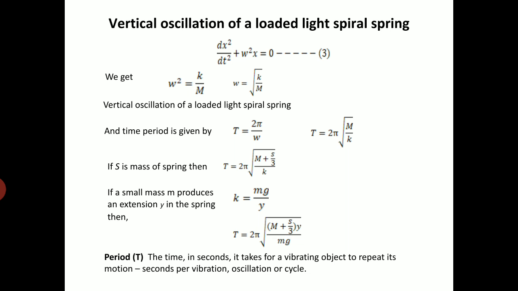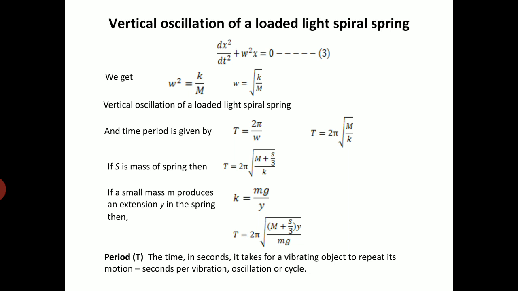If a small mass m produces an extension y in the spring, then the spring constant k equals mg by y. Substituting the value of k, mg by y, in the above equation, we get T equals 2 pi root of (m plus S by 3) y by mg.